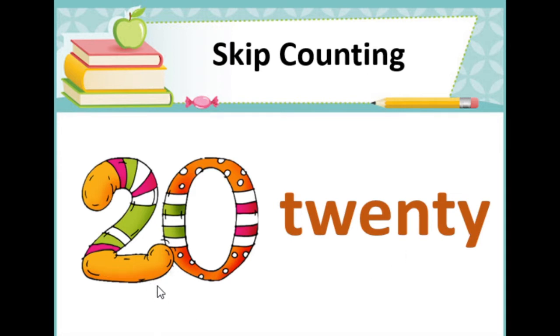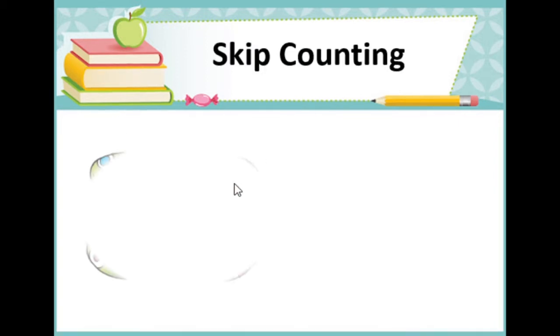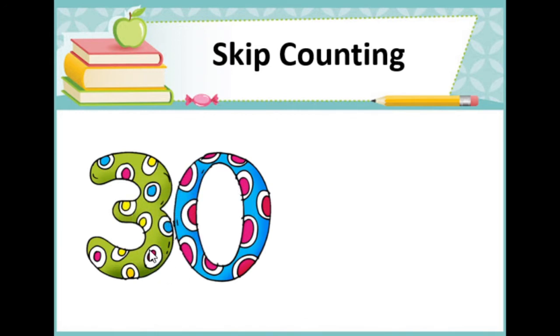Good job. Next, how about the next number on the screen? Can you look at it, please? What number is this? Numbers having 3 and 0. Numbers with 3 and 0 is number 30.